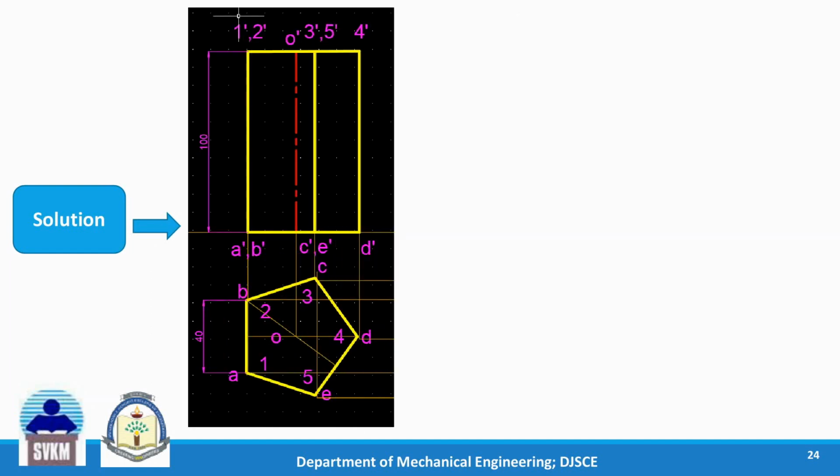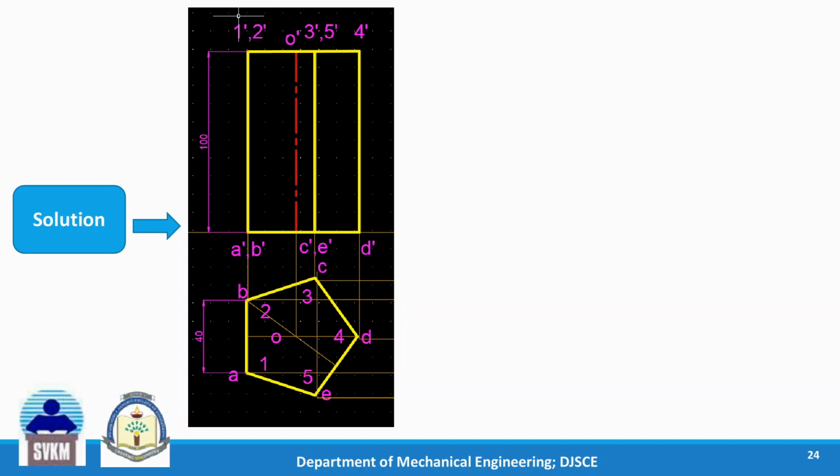You will have this as the step 1 solution. Now you can see that in the top view we are going to get the pentagon here with one of the corners resting on the right side of the observer. The observer is here, and on the right side of the observer we have taken the corner because it is resting on the HP.